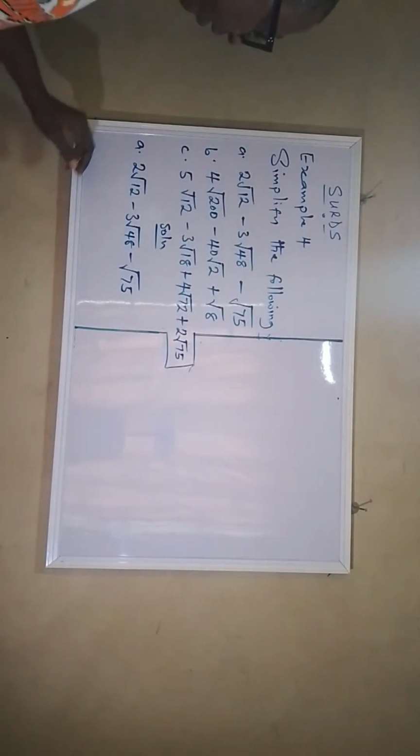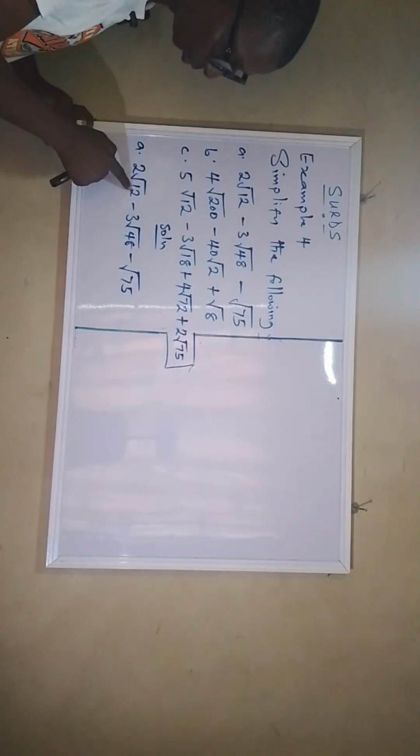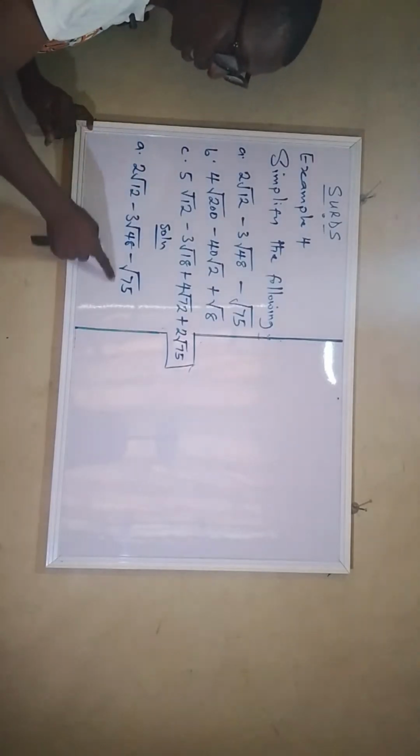Now, I said earlier that you are going to look for the biggest perfect square that will go in this. So you look for its multiple here, the same thing here and here.